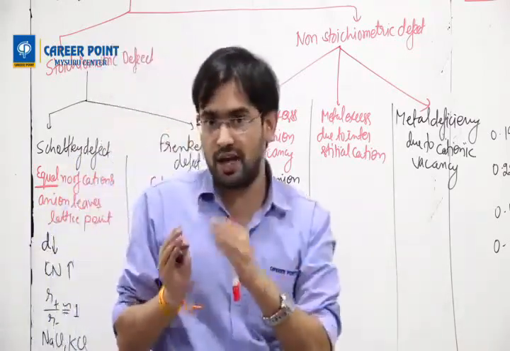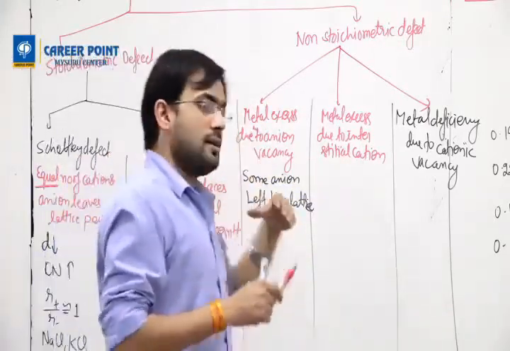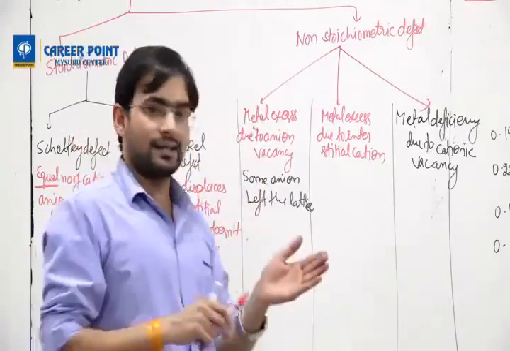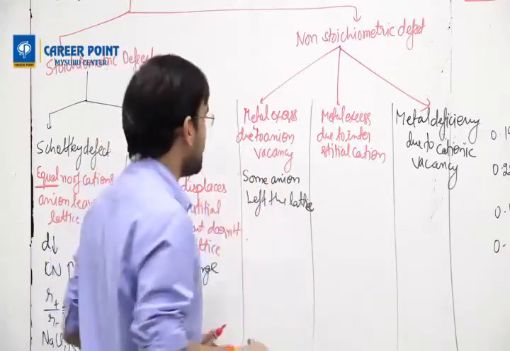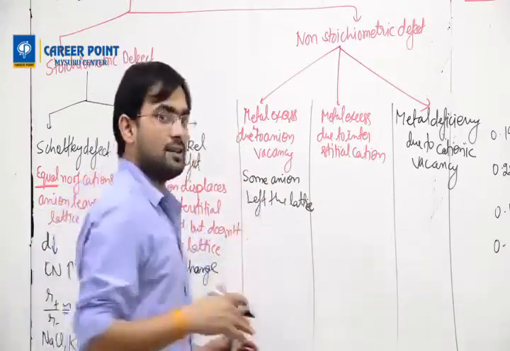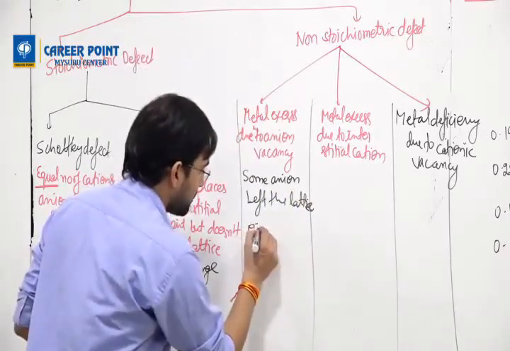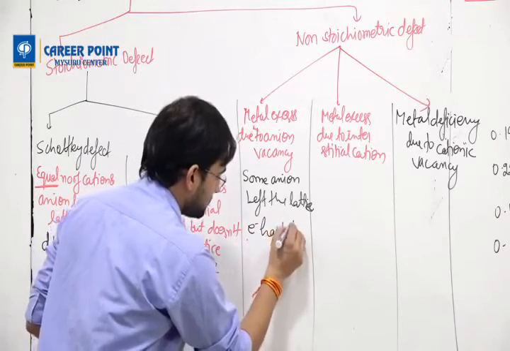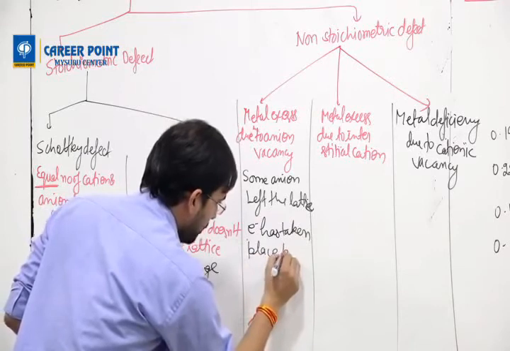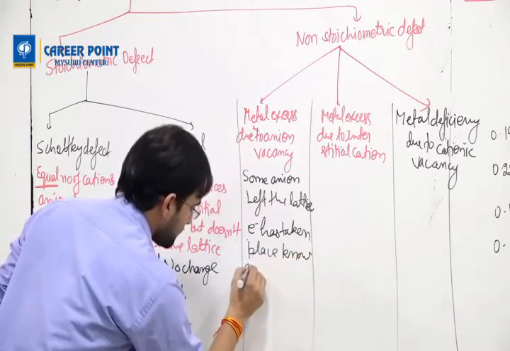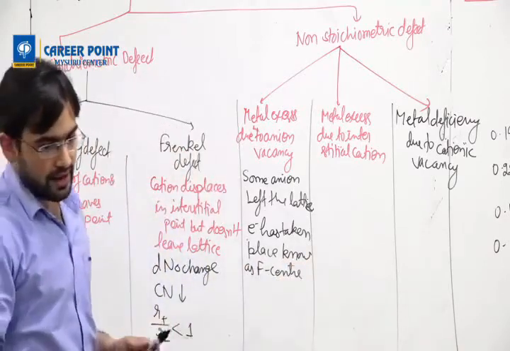If you remove the same number of cation and anion, that is Schottky. Here it is non-uniform; metal and non-metal are not equal. If some anion has left the lattice, the lattice will get a positive charge. To remove the positive charge, an electron takes its place, known as F center.